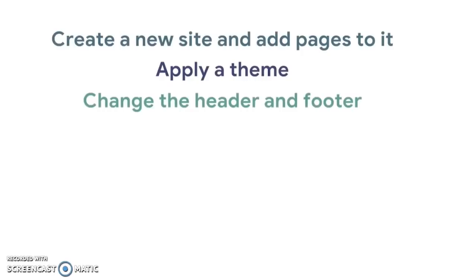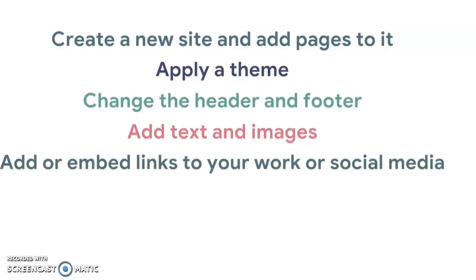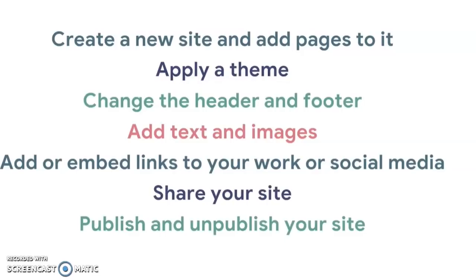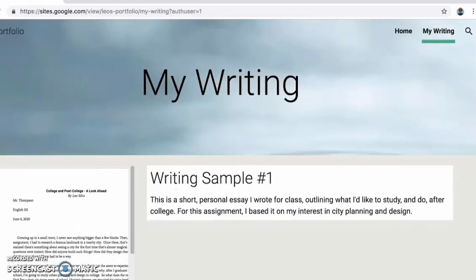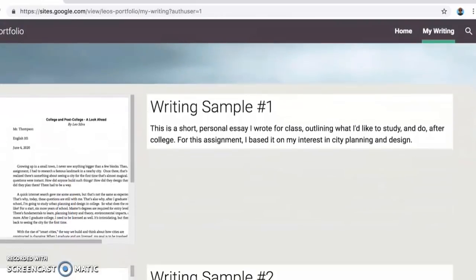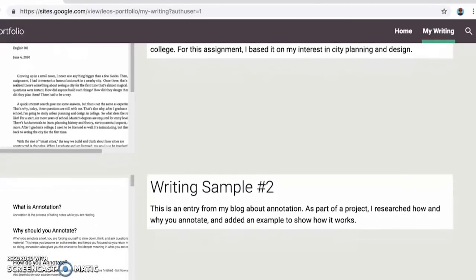Apply a theme, change the header and footer, add text and images, add or embed links to your work or social media, share your site, and publish and unpublish your site. Think about reasons to create a portfolio. You might showcase your work to apply to college by putting up essays and other work you've done.